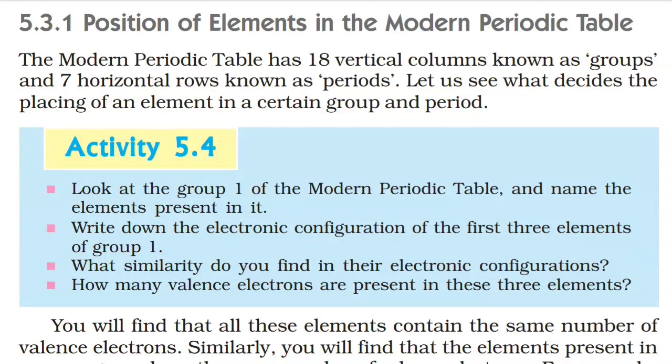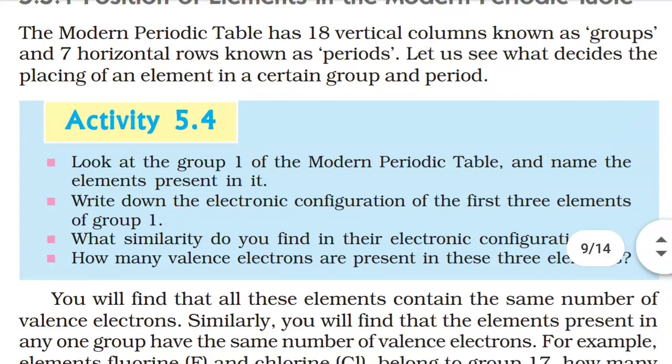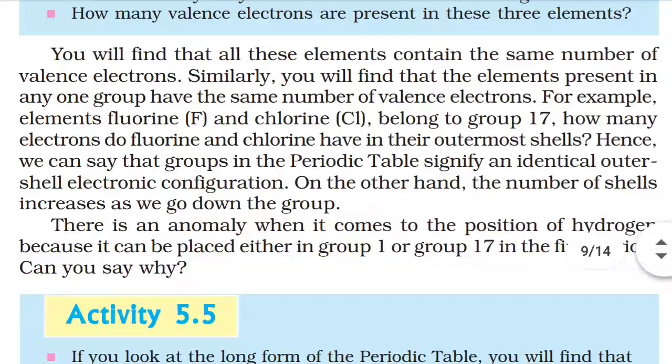The modern periodic table has 18 vertical columns known as groups and 7 horizontal rows known as periods. Let us see what decides the placing of an element in a certain group and period. You will find that all these elements contain the same number of valence electrons.